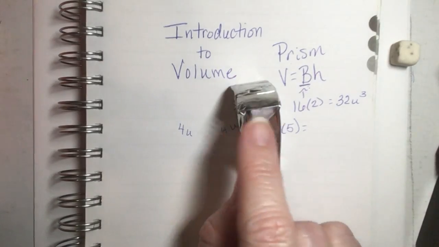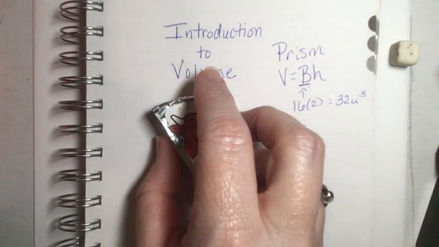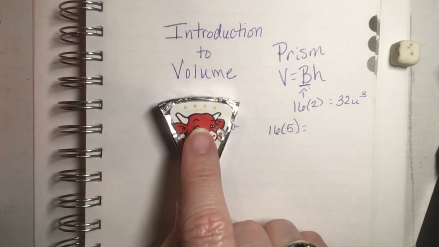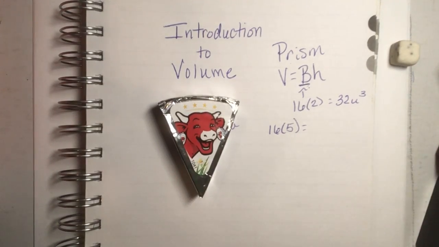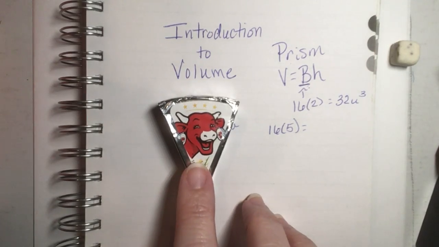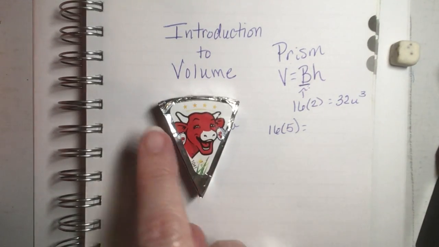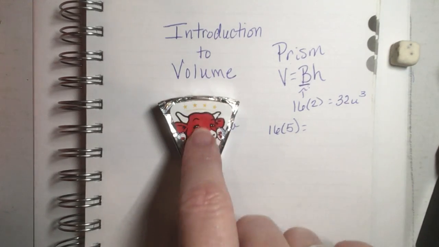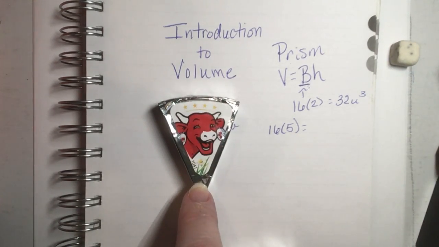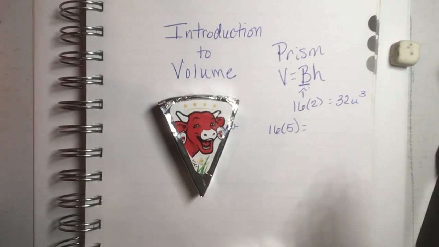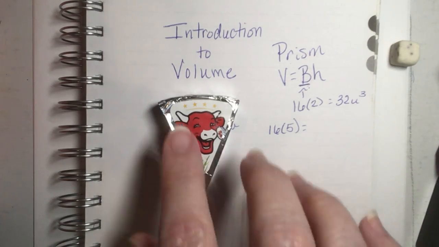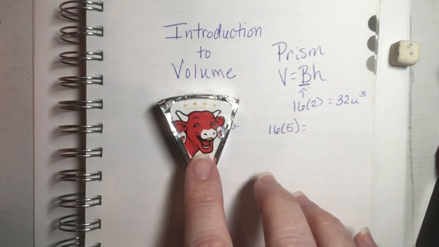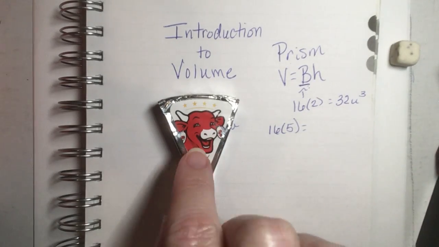So this is a little bit less than an inch, but if we could figure out how many cubic inches are in here, then that would represent the area of the base. We would have to say 1/2 the length of that base times the length of this height, and we would divide it by 2 because it's a triangle. We would find the area of that, and that area would represent how many cubes would fit.